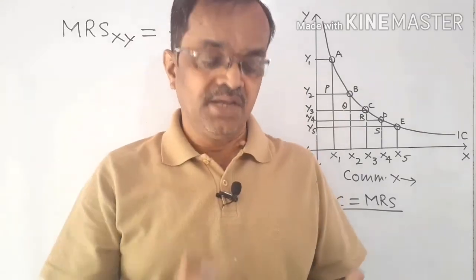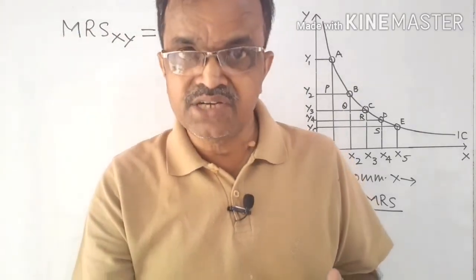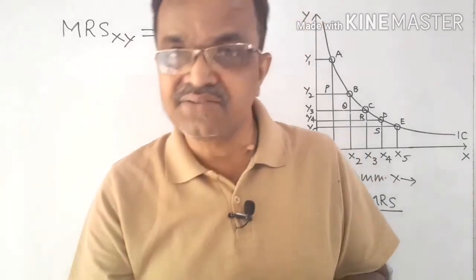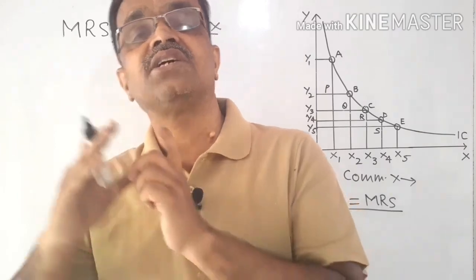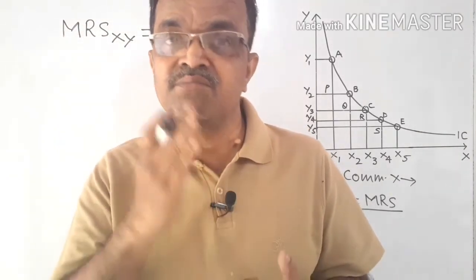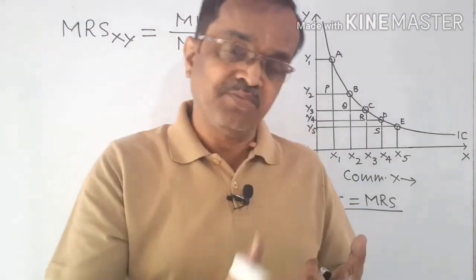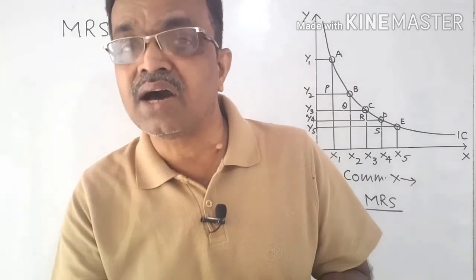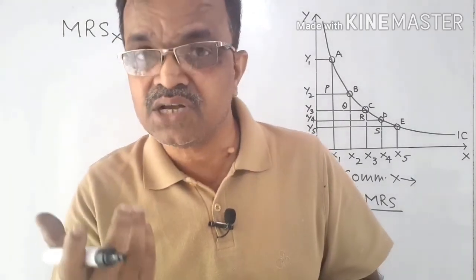So what we learned: marginal rate of substitution is the number of units of one commodity sacrificed for every additional unit of the other commodity consumed. Next, marginal rate of substitution measures the slope of the indifference curve, and this slope goes on decreasing, that is MRS goes on decreasing, and that's why the indifference curve is convex to the origin.